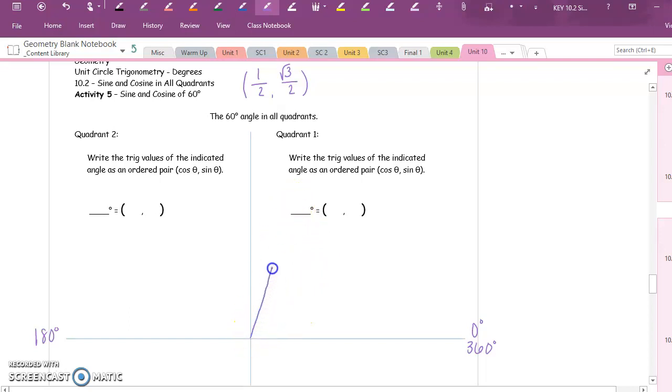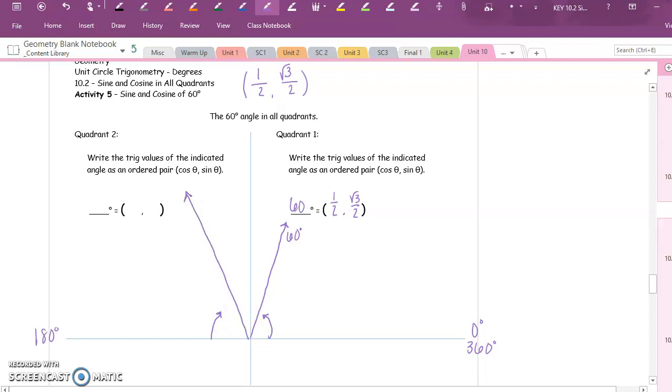Now I'm going to start at the origin and go up 60 degrees. We have our ordered pair 1/2, comma, square root 3 over 2 to start with. In quadrant 2, starting at 180, I'm going to go back 60 degrees.